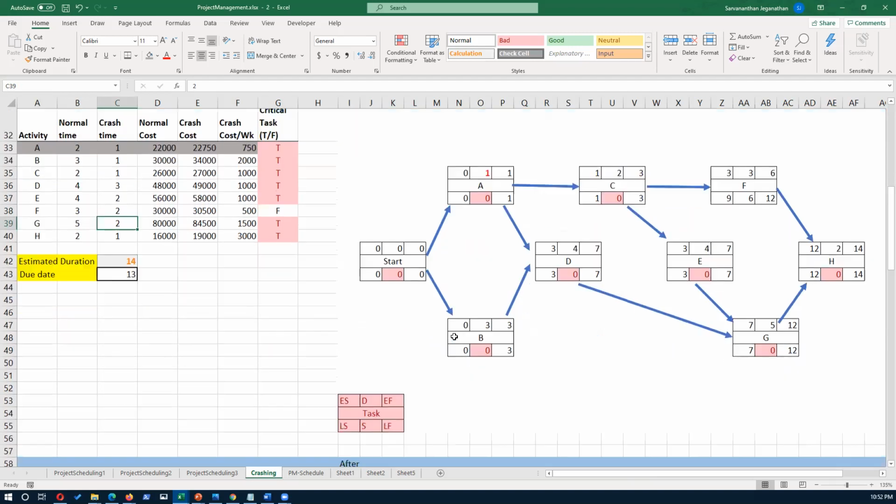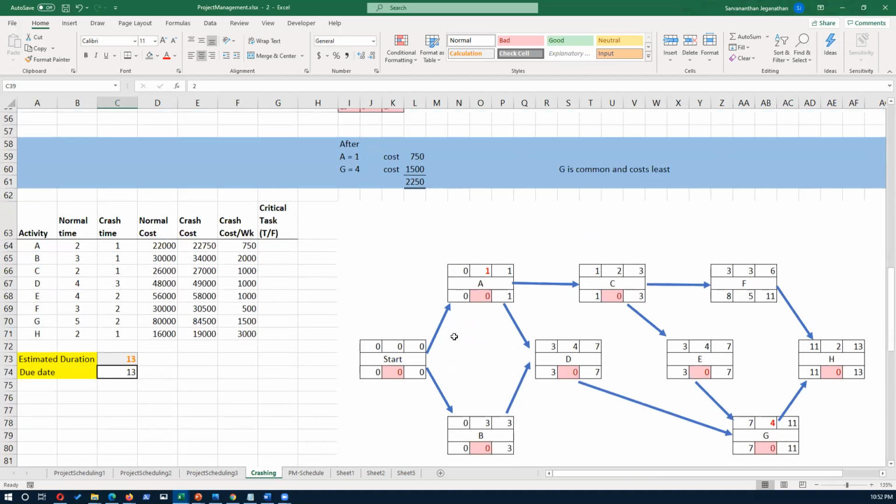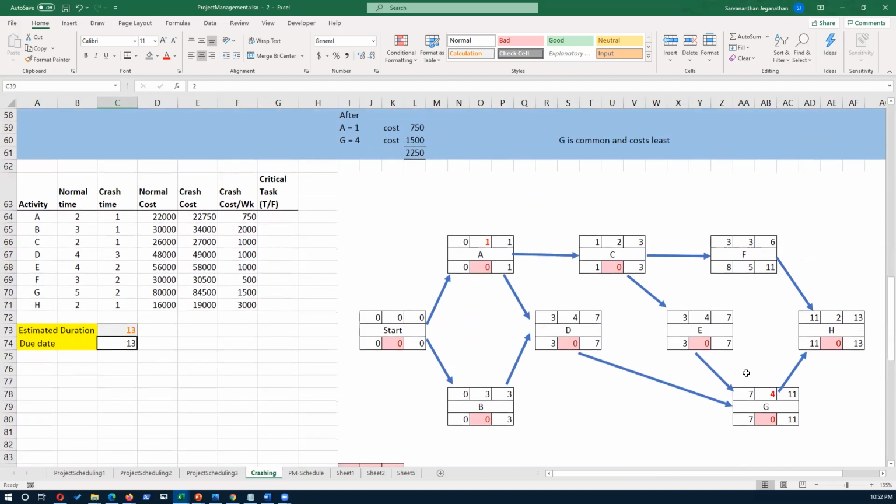So if we change this to 4, and do the forward pass and backward pass, you'll see that the project duration goes down to 13 weeks. And that is at an additional cost of 2,250.